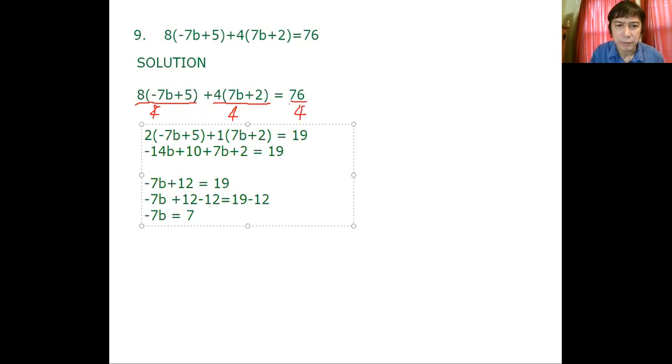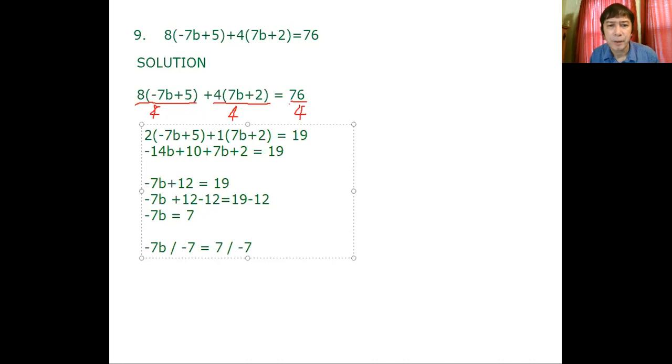And then the next step will now be just divide, and we will have the answer after that. Our divisor will be the number beside the letter b. That's exactly negative 7. So our divisor is a negative 7. Negative 7b, we divide this by negative 7. This is equal to 7 divided by negative 7.